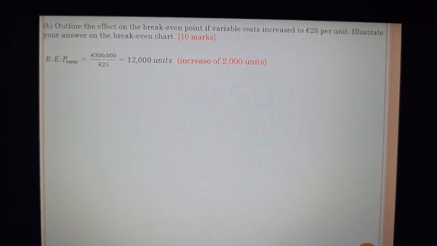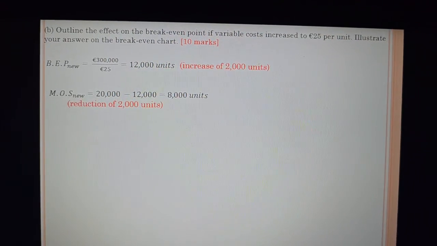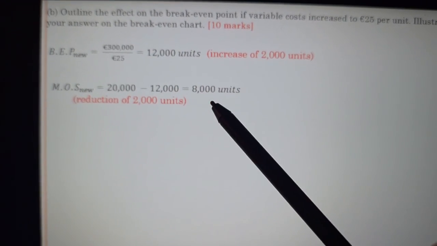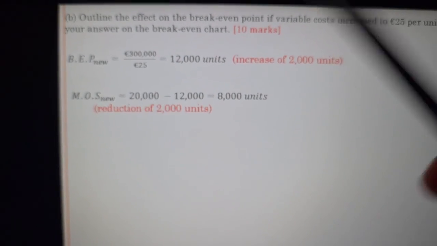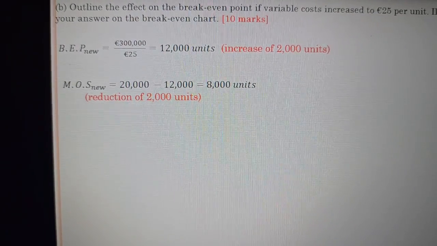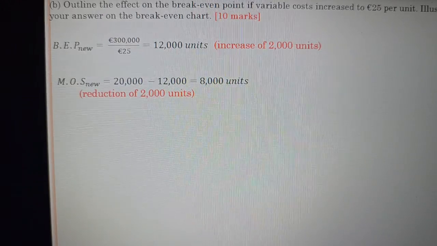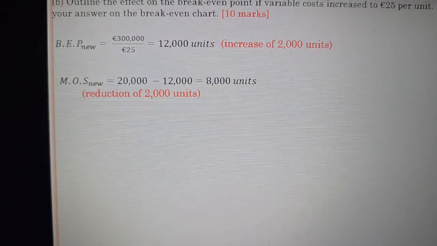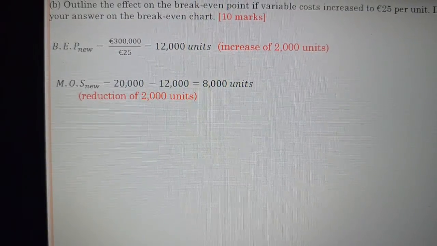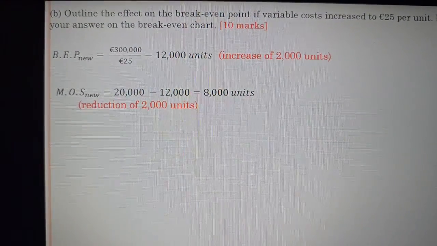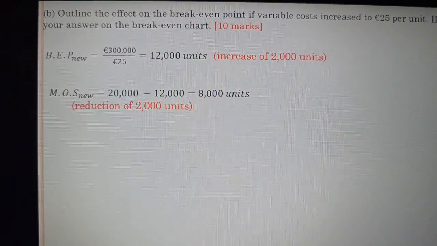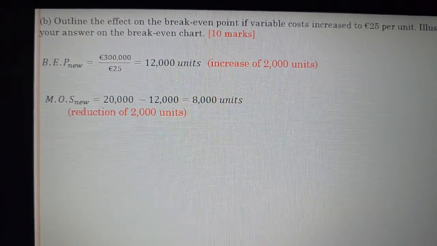But now that my variable costs have gone up, my margin of safety goes down. So the new margin of safety is your forecast output of 20,000 units, take away your new break-even point, 12,000 units, and that leaves me with 8,000 units of a margin of safety. That's a reduction of 2,000 units from what the original margin of safety was. So now I have less of a safety net, okay, as a result of my variable costs going up.